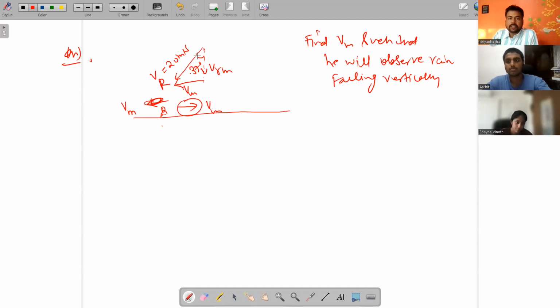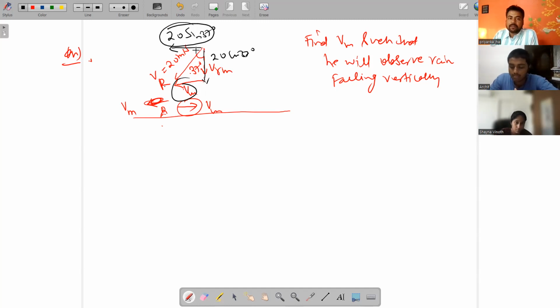See, this rain has two components. One component this and one component this. So this is 20 sine 37 and this is 20 cos 37. Now you can see that this velocity is in this direction. This and this will combine and will give you net velocity.